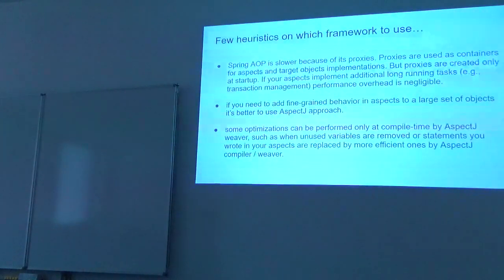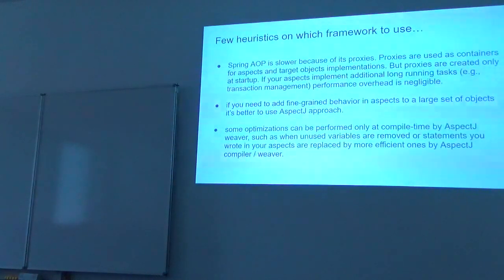These proxies are created only at startup, so you can maybe ignore this performance overhead, and if your aspects implement long-running tasks, such as transaction management, this performance overhead is negligible. If you need to apply finer-grained behavior in aspects to a large set of objects, it's better to use the AspectJ approach.